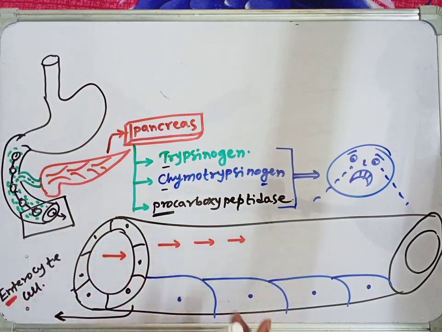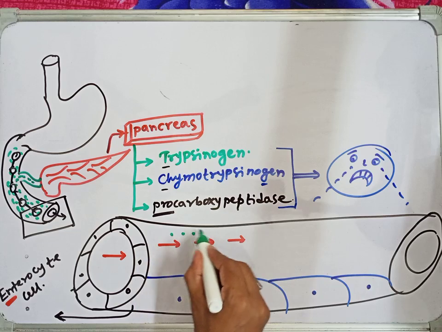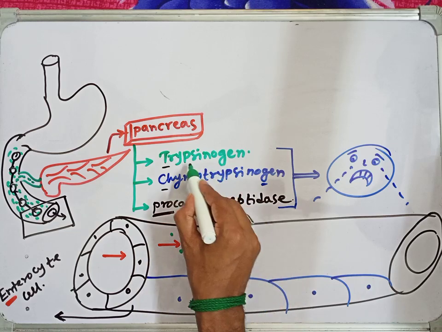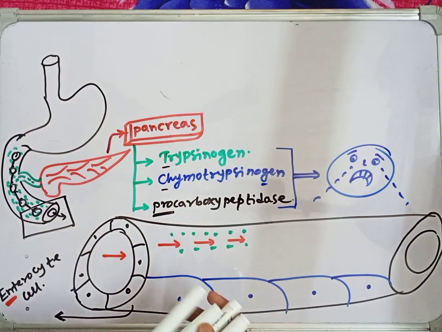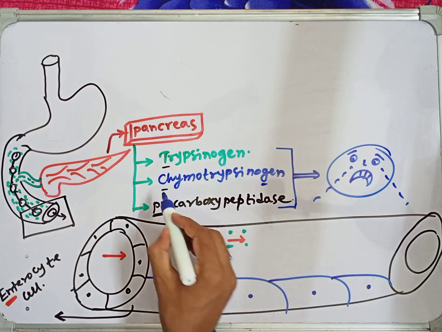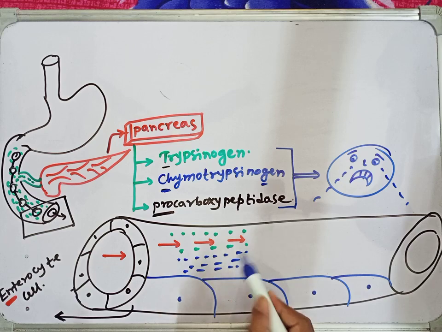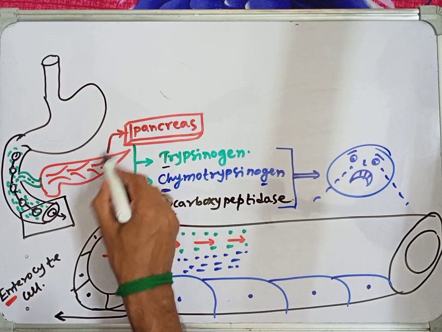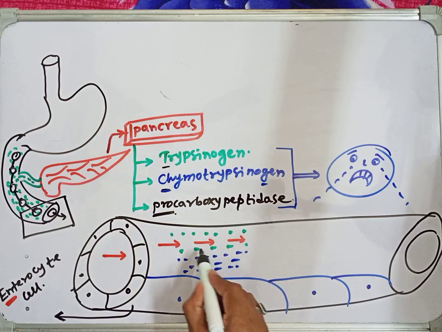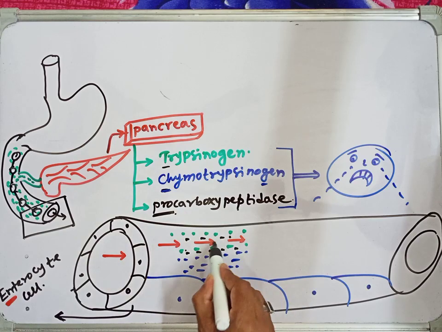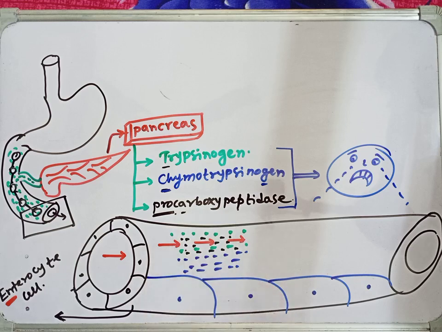is some inactivated enzyme called trypsinogen, and there is also some inactivated enzyme called chymotrypsinogen, as well as some more inactivated enzyme released from the pancreas, that is called, you know very well, procarboxypeptidase.